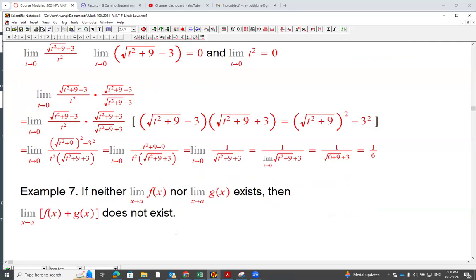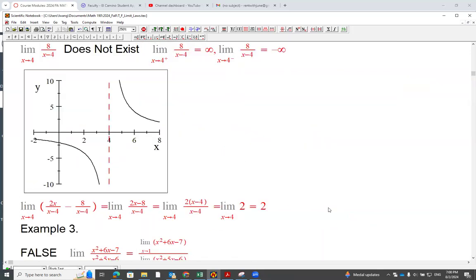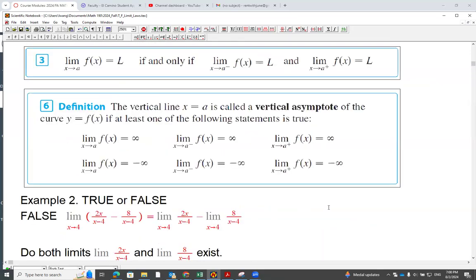The next one: neither one has a limit. Does that mean the limit does not exist? We actually have a ready example here, which is number 2.